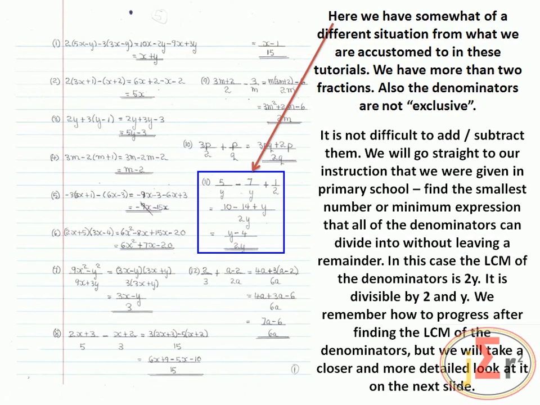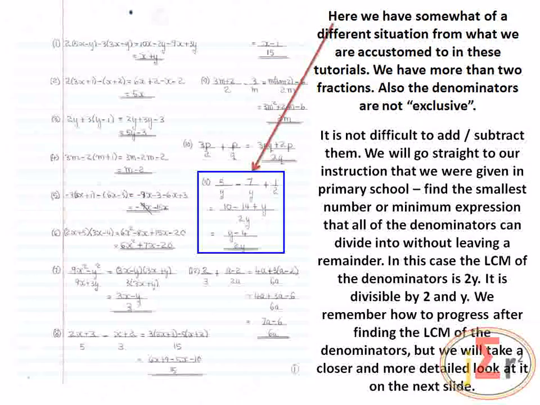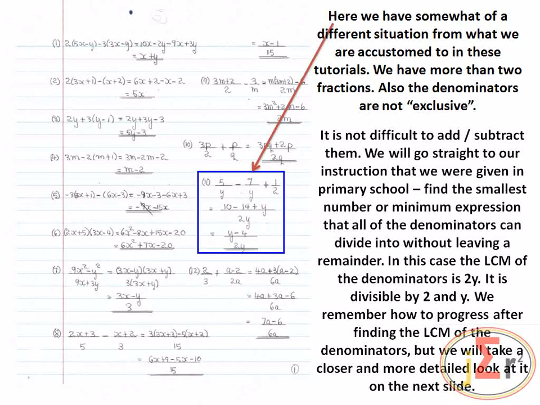We will go straight to our instruction that we were given in primary school. Find the smallest number or minimum expression that all of the denominators can divide into without leaving a remainder. And that will be the LCM of the denominators, and that will be the common denominator.